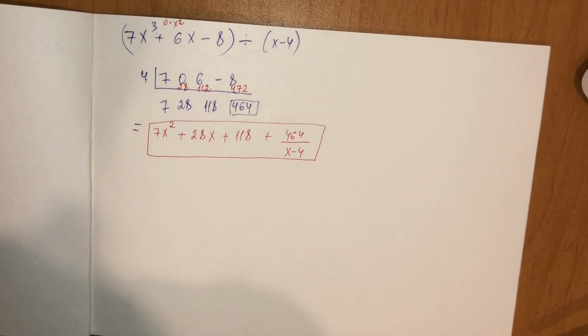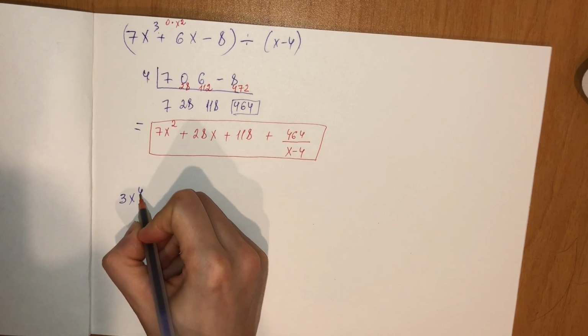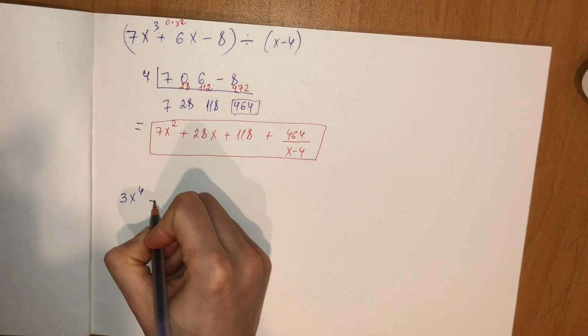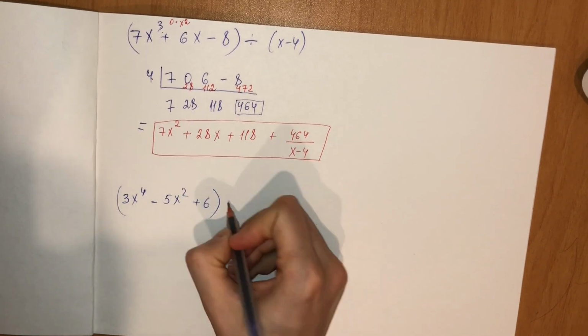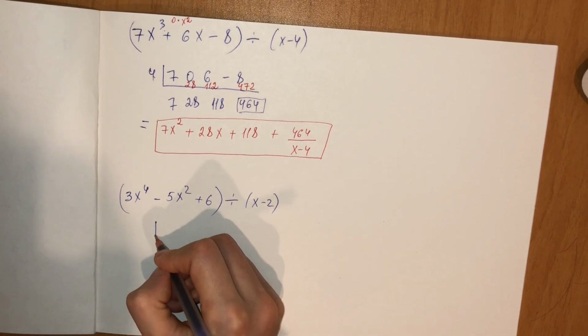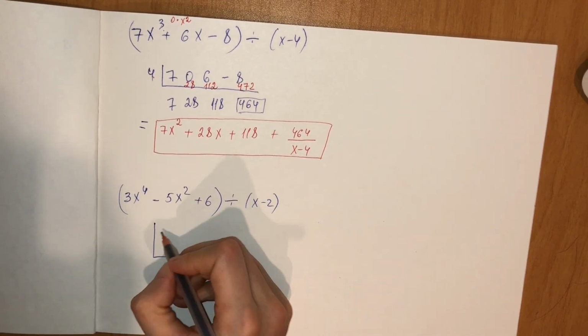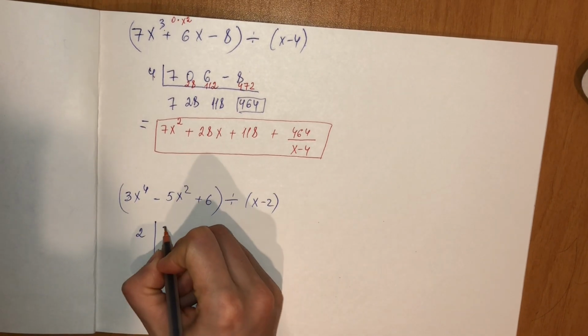And another example: 3 times x to the 4 minus 5 times x squared plus 6, divided by x minus 2. Here we write 2 and the coefficients: 3.